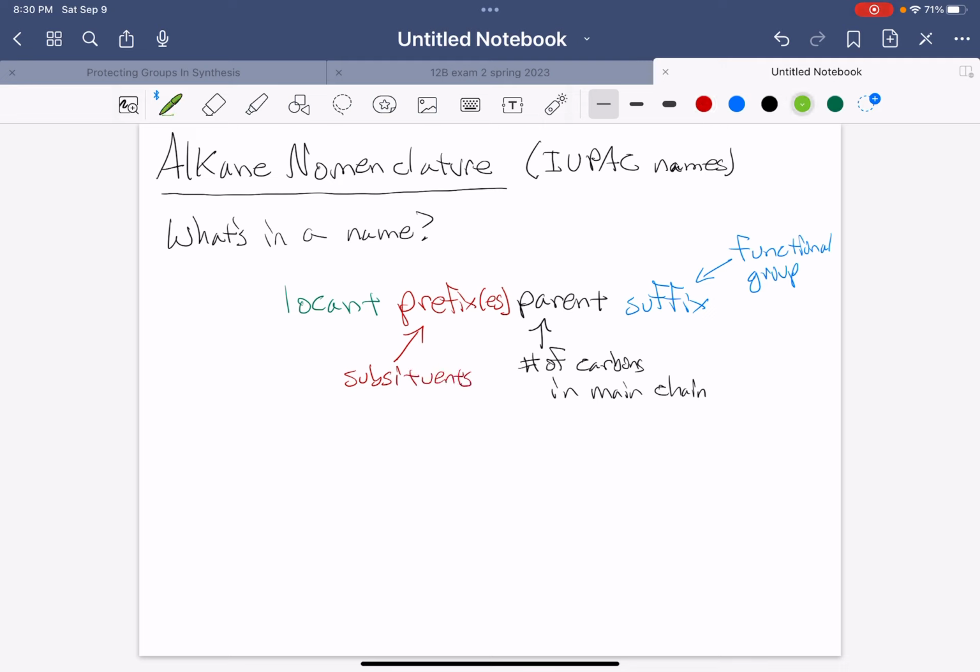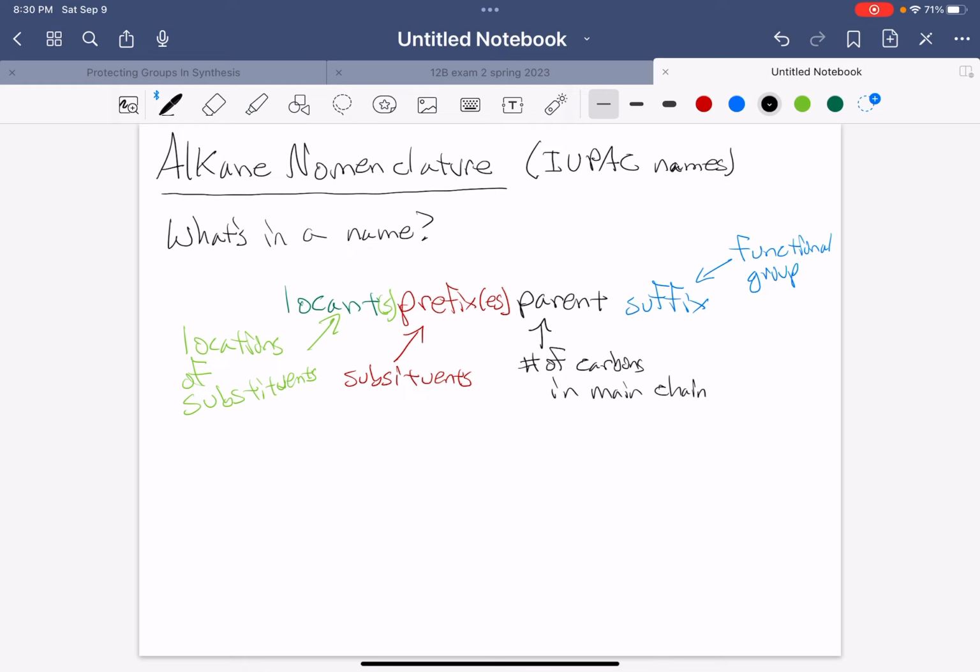And the locant, or there may be multiple locants, gives us the locations of our substituents. So these are the parts of a name.